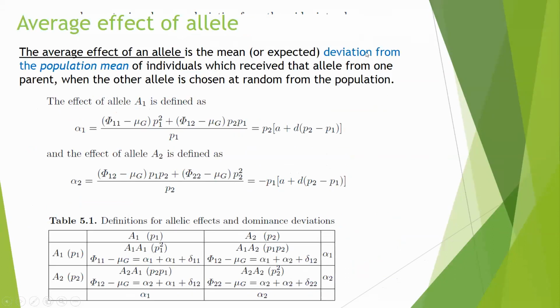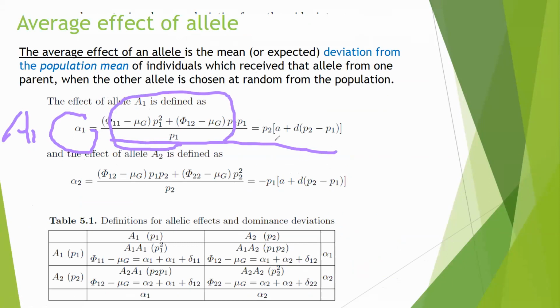And we also talked about the average effect of an allele, which is defined as the deviation from the population mean, right? So for allele A1, this is the average effect for A1. Try to understand why we use this formula to calculate this, and the same for allele number 2, the A2.